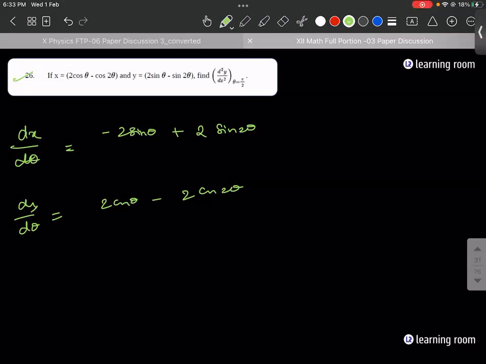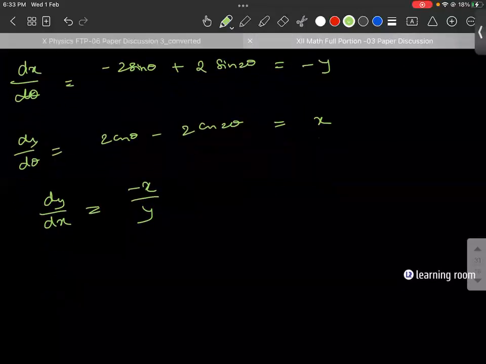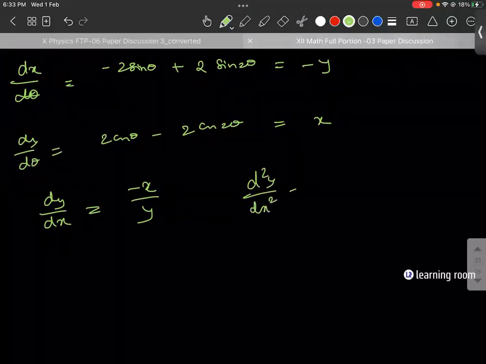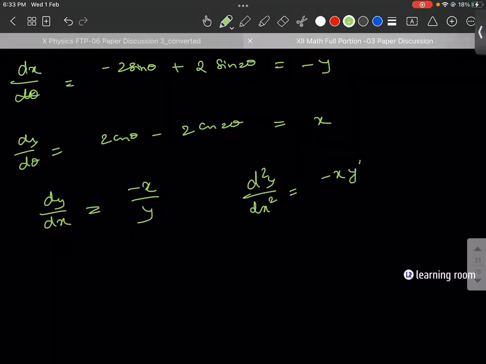So basically, this is negative of, this is x. So what will dy by dx be equal to? It will be minus x by y. So what will d square y by dx square be equal to? Minus x into y dash, minus y, divided by y square.